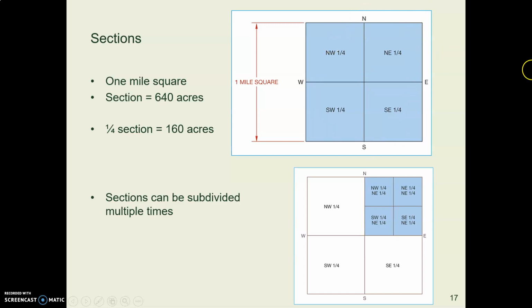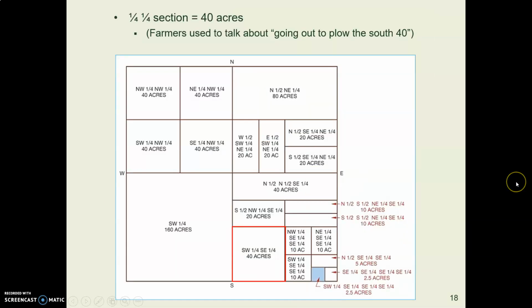You can divide a section into a quarter section. So if this is 640 acres, a quarter of that is 160 acres. And you can divide these sections into quarters and quarters. You can do it multiple times.